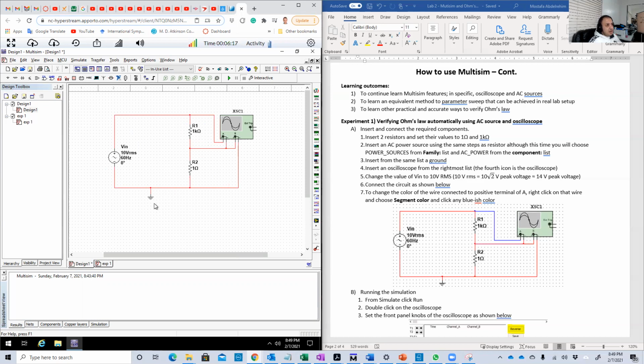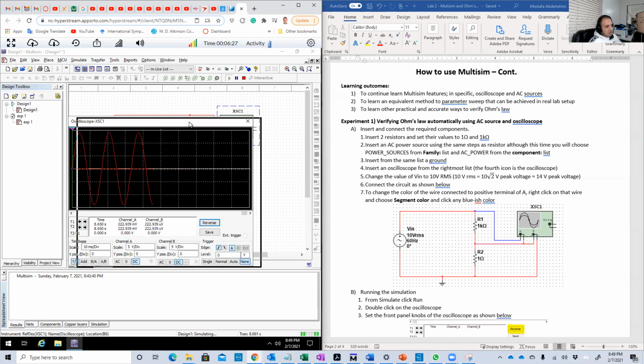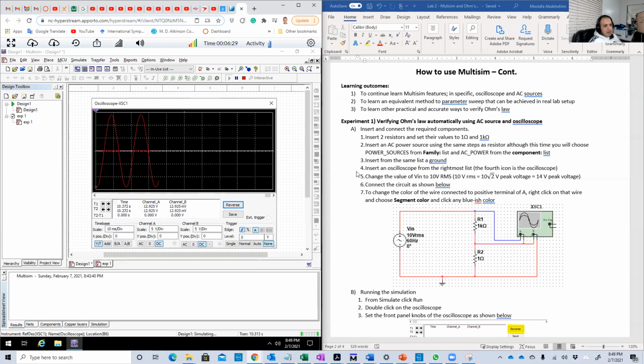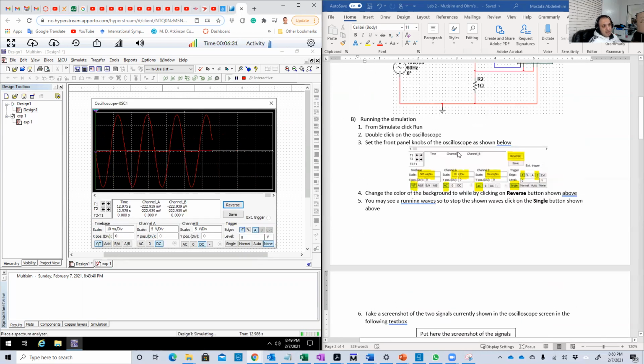And now we can run. So we run from here. Nothing happened, because to show the voltage signals we should double click on the oscilloscope. Now we make the setup here. I have the setup here for you guys. First, you see that the two signals are red.